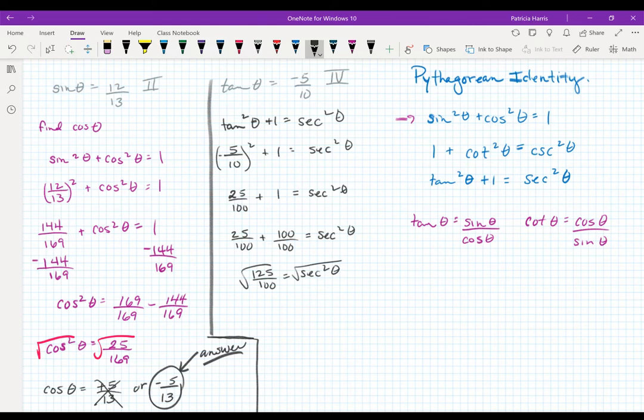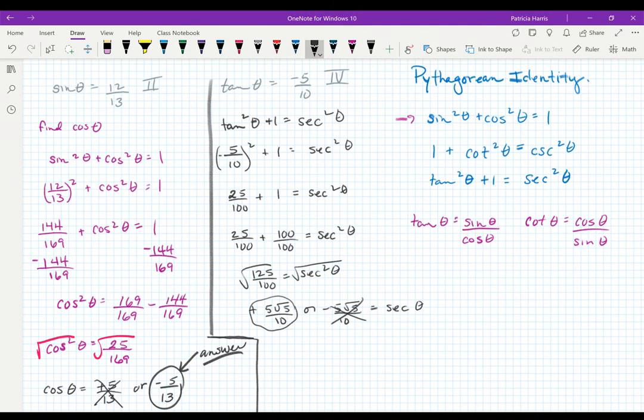Again, we're going to take square roots, so we have to figure out whether to use the positive or negative one. So let's see here. It is in the fourth quadrant. Secant is 1 over cosine, so that's going to be positive. So you pick this one, and that one's extraneous.